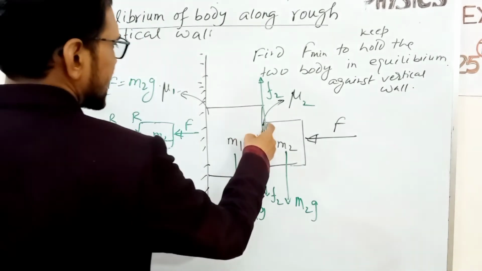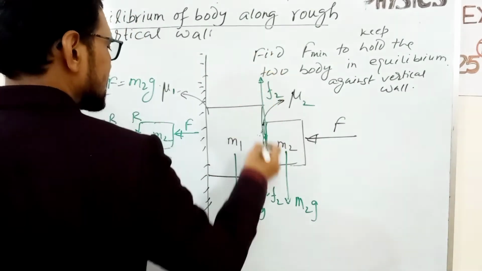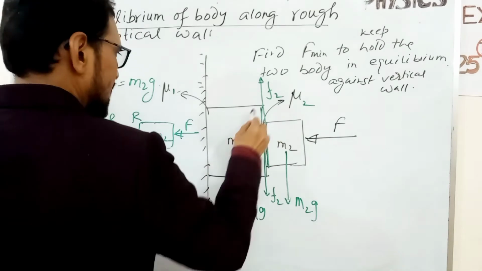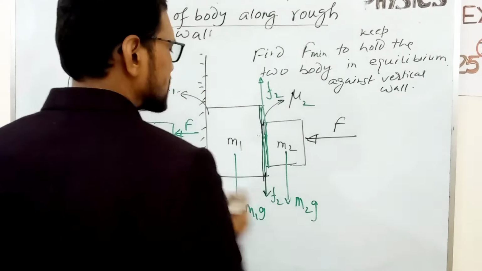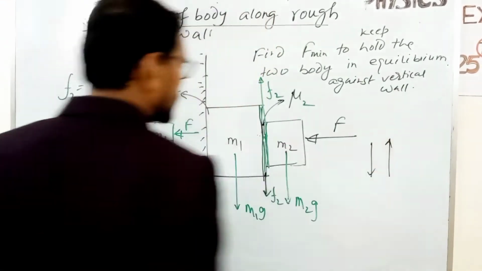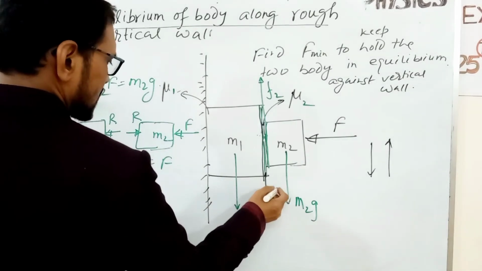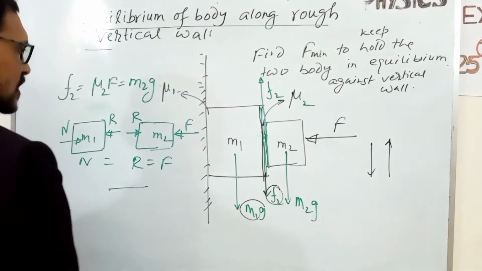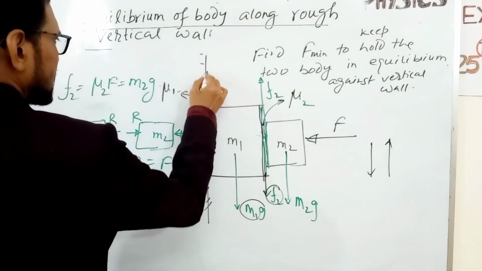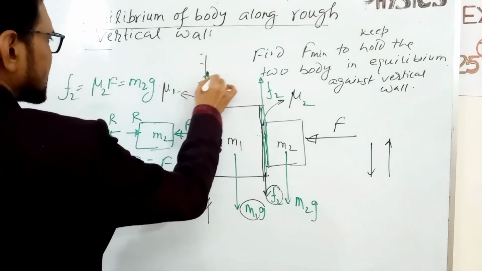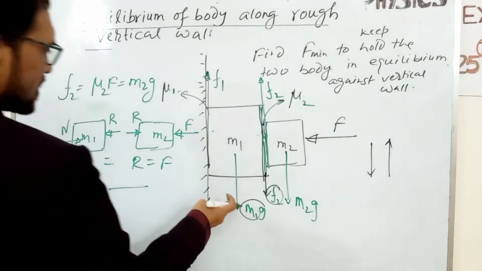If the friction acts on this surface in this direction, then the friction along the surface must act in the opposite direction, because for every contact surface, action and reaction are equal and opposite. So this friction force acts in this direction, and this is F2, and weight acts downward, and here a friction force along the contact surface of the body and wall acts in this direction. Suppose this is F1. Now F1 balances this force and this force.